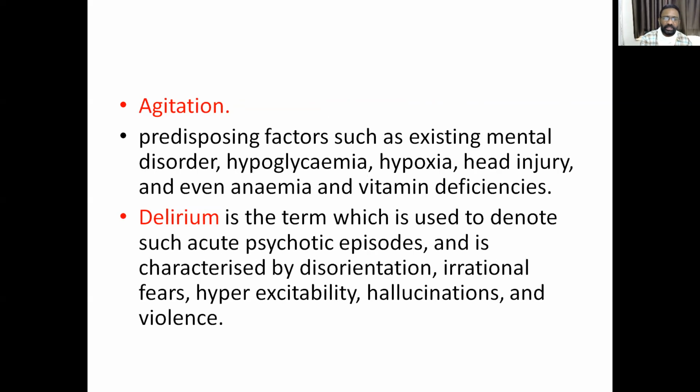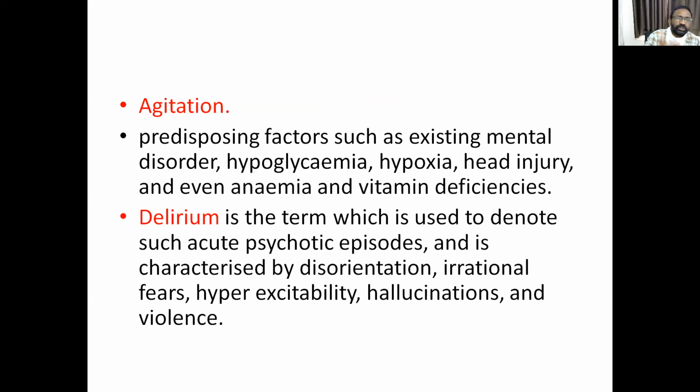If the person is in a state of agitation, that means some toxic substances or poisons produce hypoglycemia or hypoxia, and this person may also have symptoms like head injury. What are the features of an agitated patient? The patient is very uncooperative, incoherent, with violent behavior.